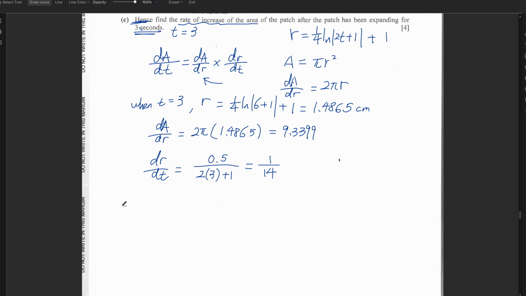All right, then we can straight away find dA/dt equals 9.3399 multiplied by 1/14, and press your calculator. The answer is 0.667 cm squared per second. Note that this is area, so cm squared, and 3SF.